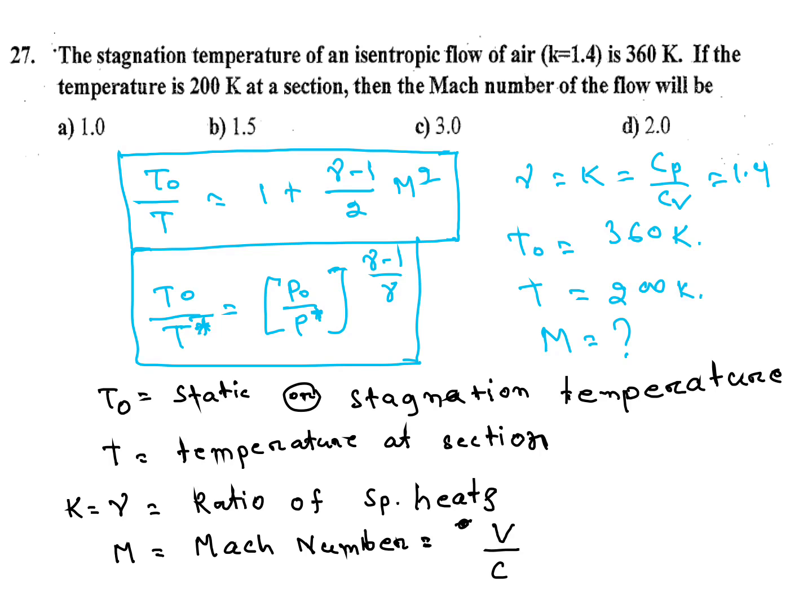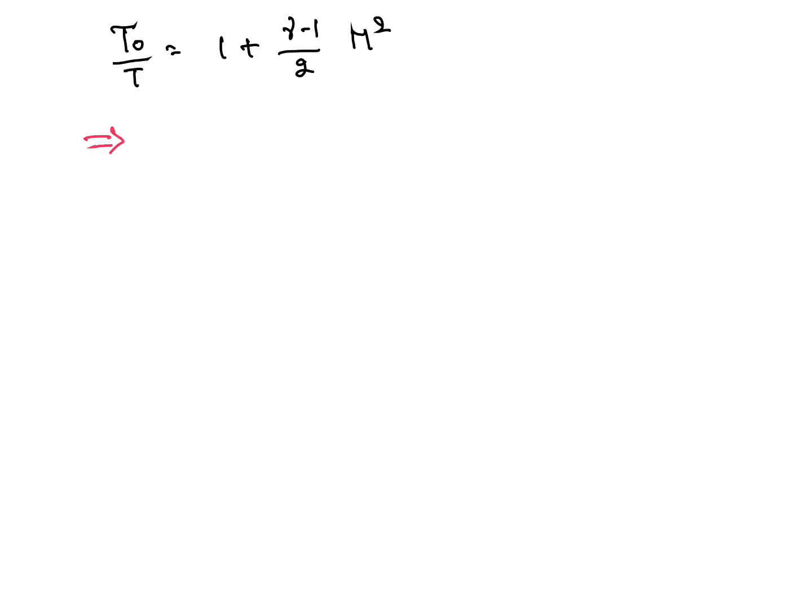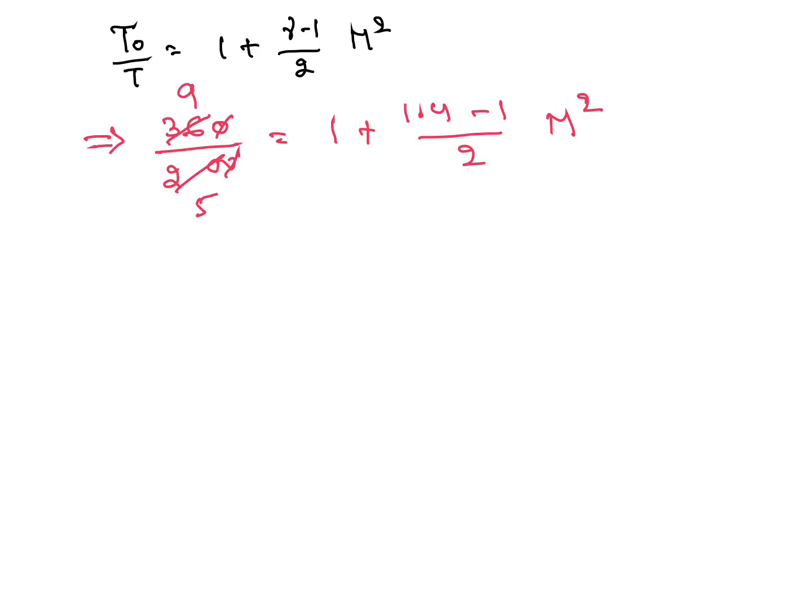Here in this formula, put the values. Stagnation temperature is 360 by temperature 200 Kelvin, equals 1 plus gamma, or K, which is 1.4, minus 1 by 2 into M square. So here it's 9 by 5.